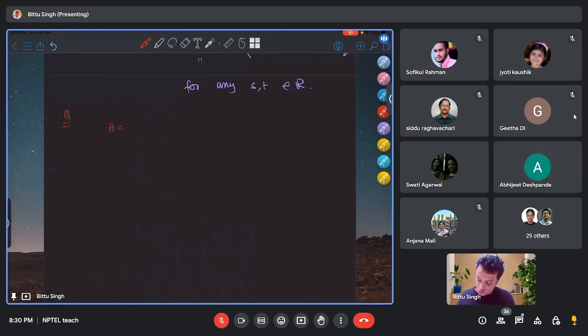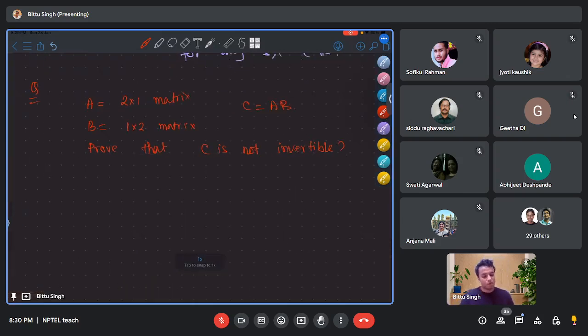A is a 2 by 1 matrix, and B is a 1 by 2 matrix, and also C is A times B. So the question is, prove that C is not invertible. Prove this.